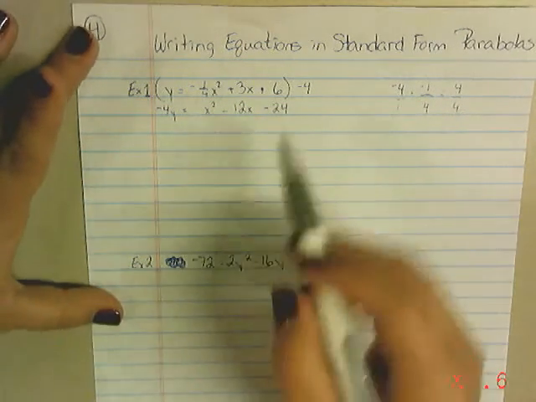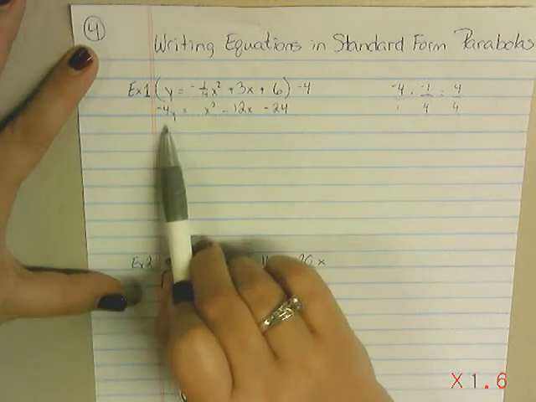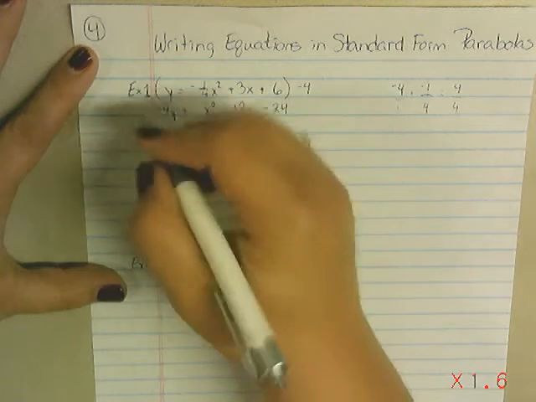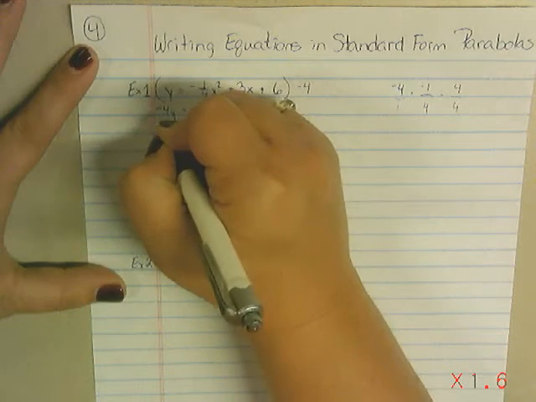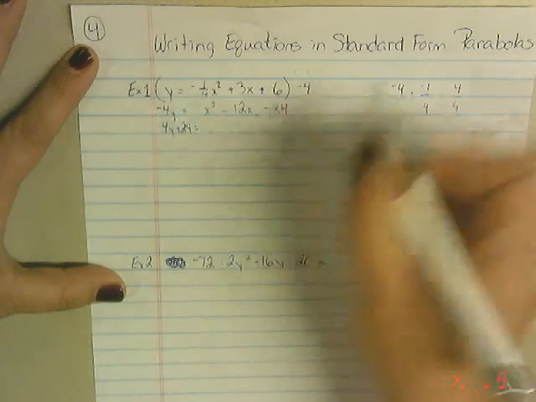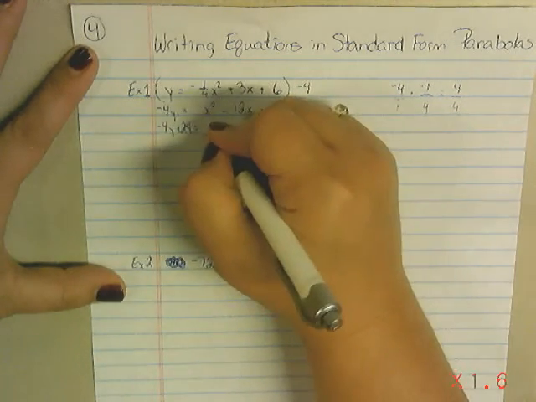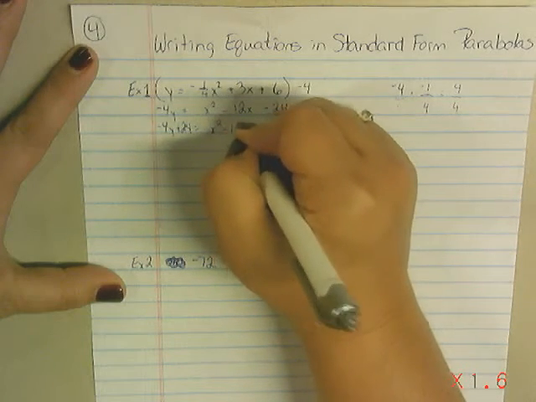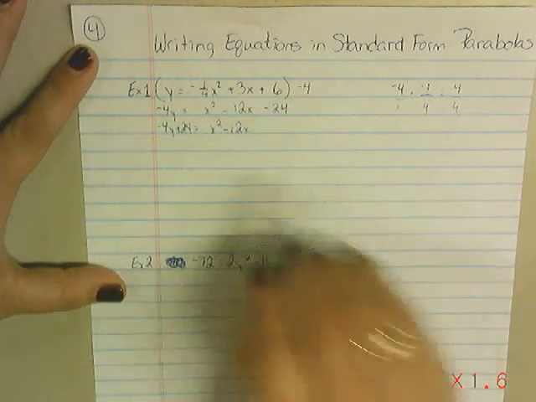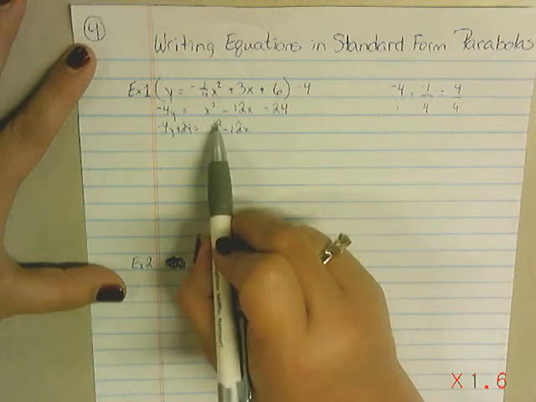Okay, so now we're going to do two things here. We're going to get this 24 over here out of the way. So we're going to move that -24 over, but it's going to become +24 because we have to add it to get it to the other side of the equation. Then we have x squared minus 12x, and we have that blank there that we need to complete the square, because this is the squared one.